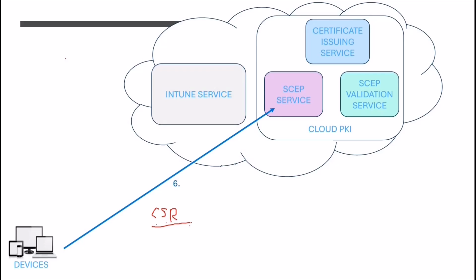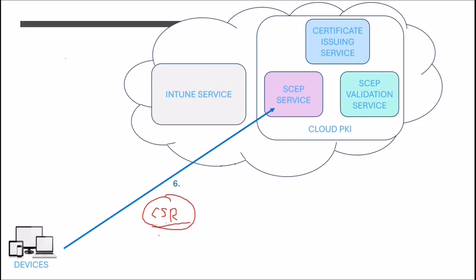What is going to be in the attributes? Whatever we have defined in the SCEP profile: the common name, the subject name, the subject alternative name, the EKU, the validity, the renewal threshold period, and all of that. So the device makes this CSR and sends it to the SCEP service.